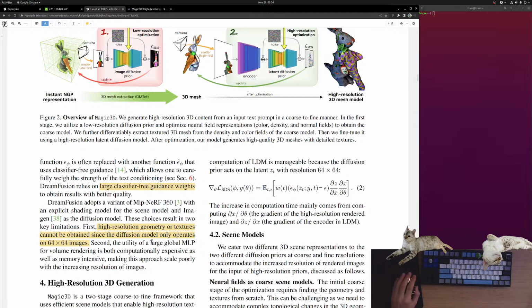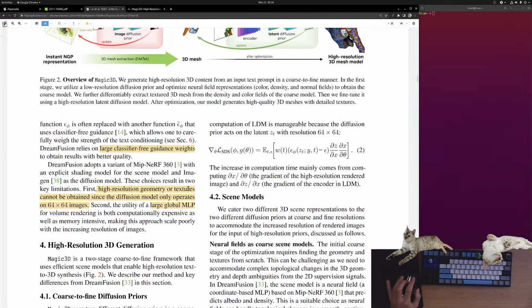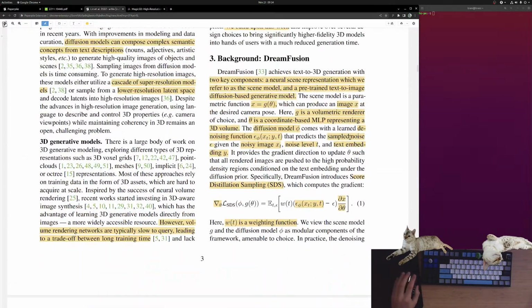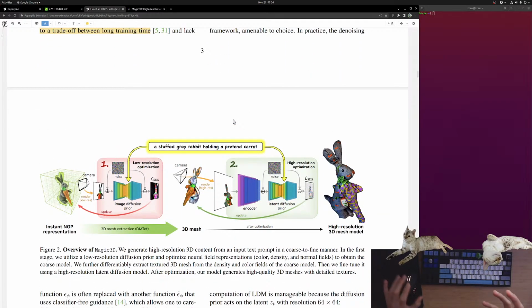Utilizing a large global MLP is both computationally expensive and memory intensive. So this is where they're going to talk about their hash representation. Rather than having one multi-layer perceptron that takes the camera pose, where a single MLP encodes every single possible view, which is what the Nerf is doing.